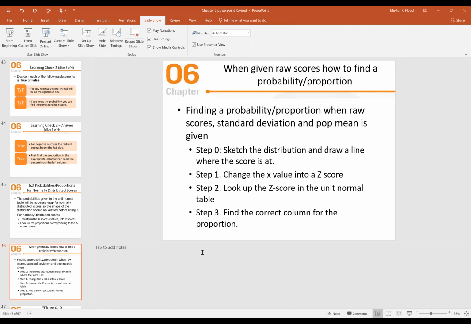The first thing you're going to do, it's always the first step, you're going to sketch the distribution and draw a line where the score is at. Second, you're going to change the x value into a z-score. Third, you're going to look up the z-score in the unit normal table. And then finally, you're going to find the correct column for the proportion.